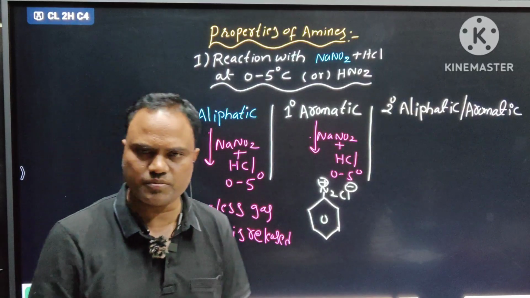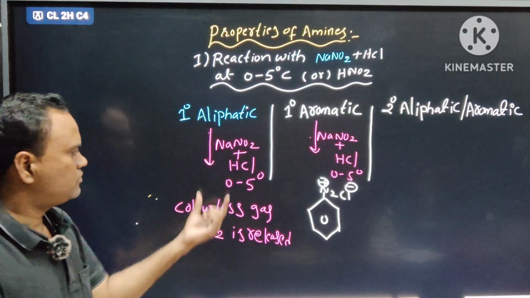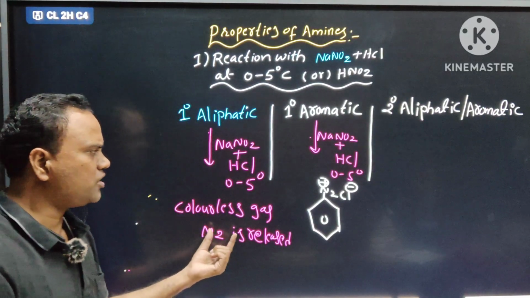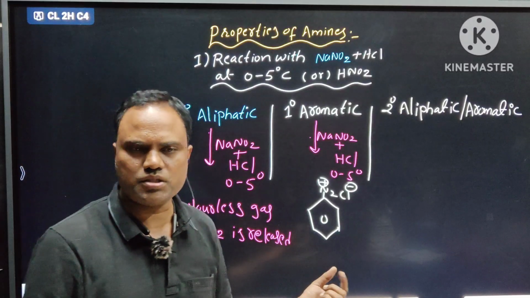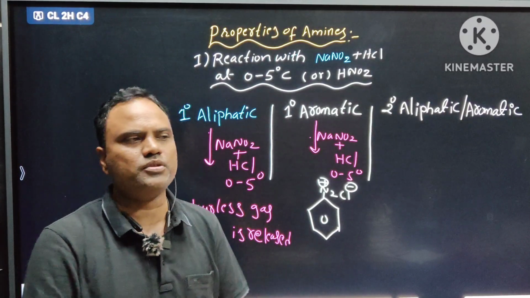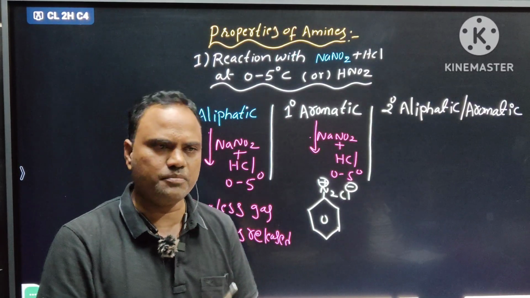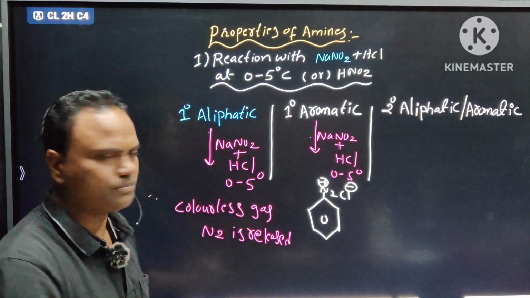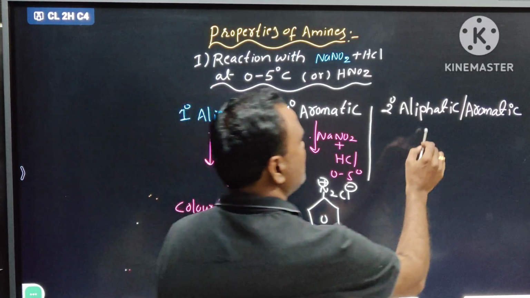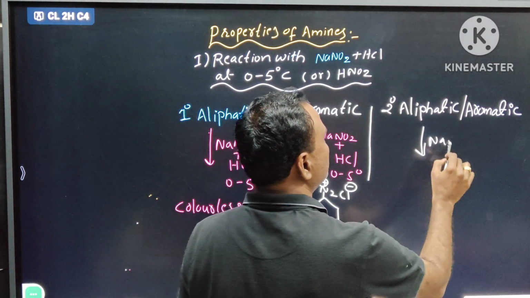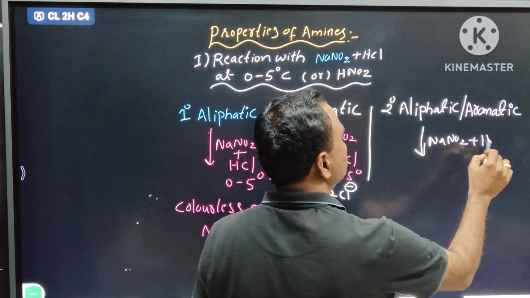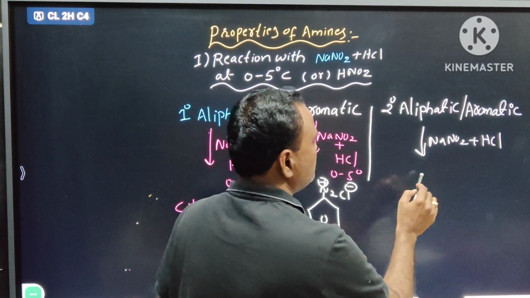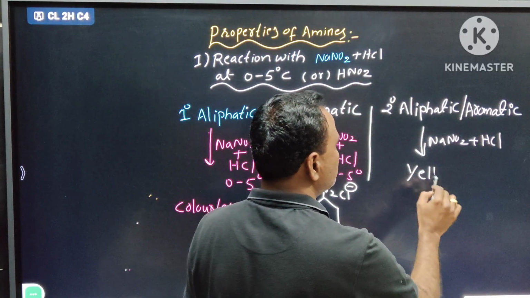Benzene diazonium chloride is produced. Here also diazonium salt is formed, but that is unstable. I am giving primary basic information, then we will go in depth. Secondary aliphatic and aromatic when treated with NaNO2 plus HCl produce yellow oily drops.